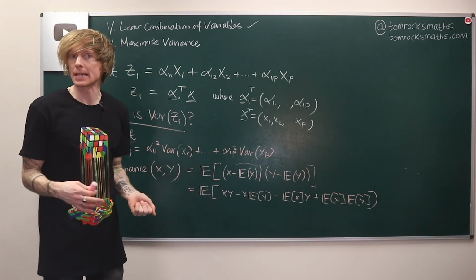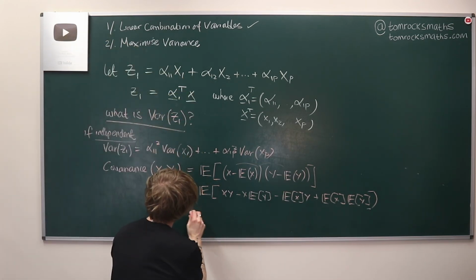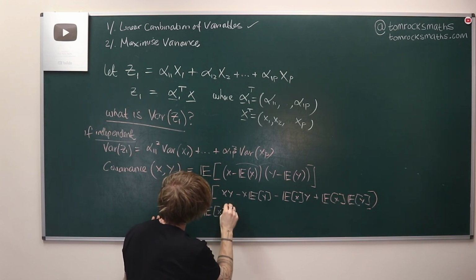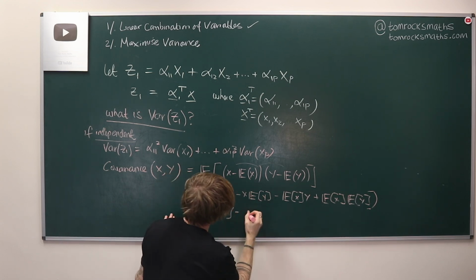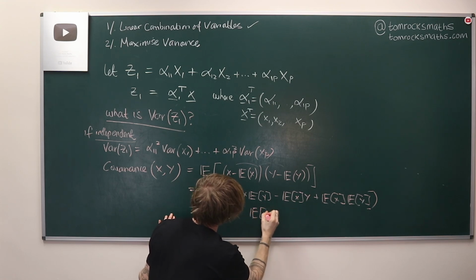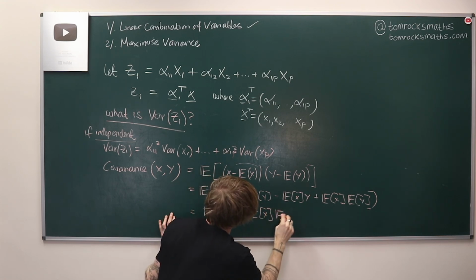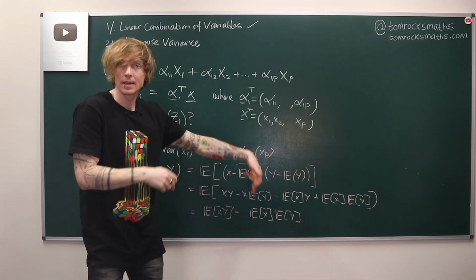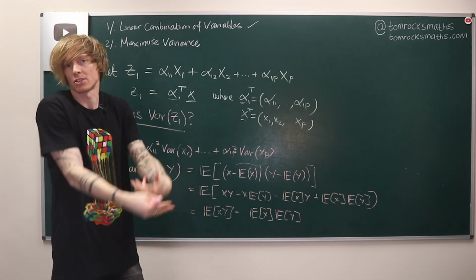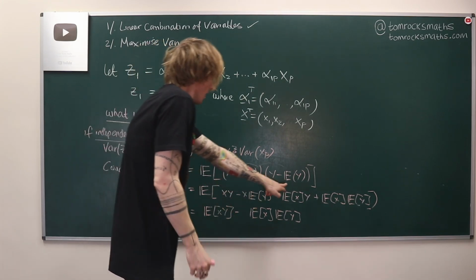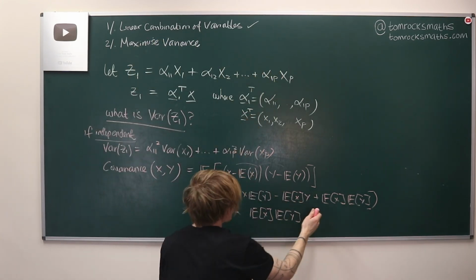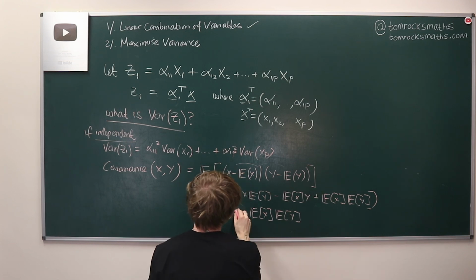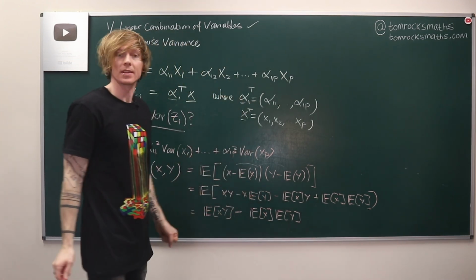Using the properties of expectation and taking this through, we're actually going to get E of xy minus E of x times E of y. So the expected value of E of y is actually just the same thing. It's just E of y again. Minus another lot of it, and then plus one more lot.